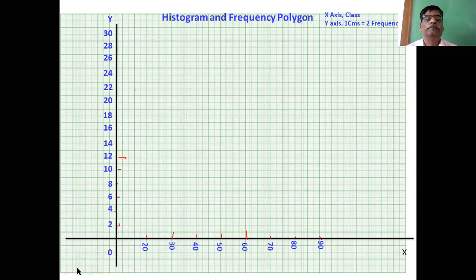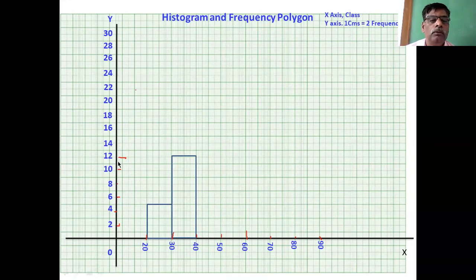80, 90. Okay. In this way, you mark and then put the values. Okay. First frequency is 5. You put a rectangle of 5 units. It is 5, in between 4 and 6. So up to this level, you draw the rectangle. And second frequency is 12.